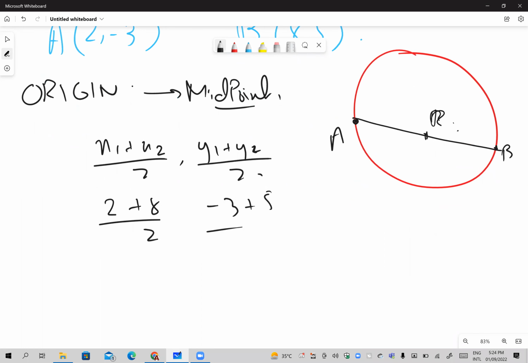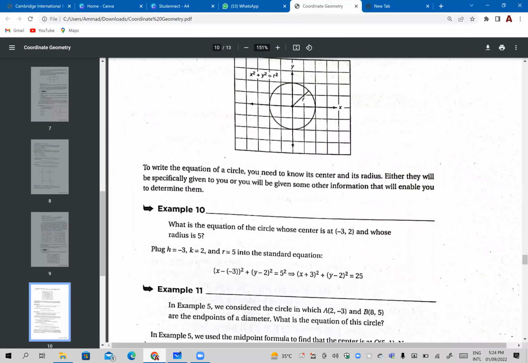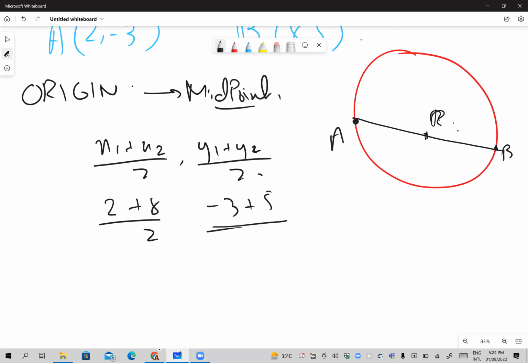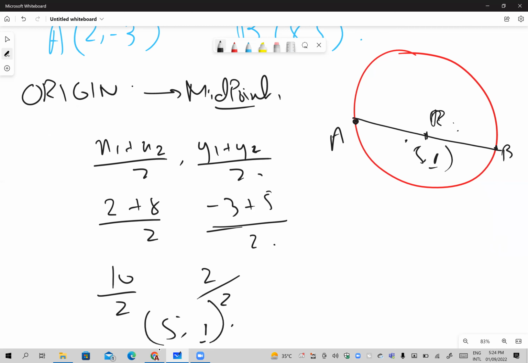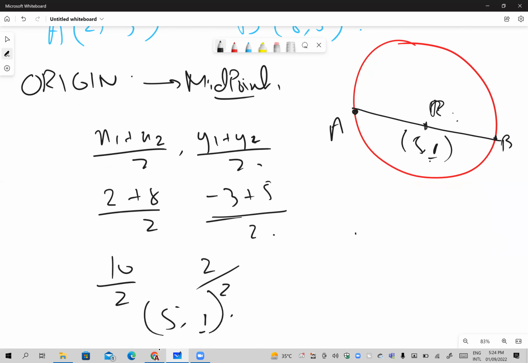I hope that was 8 and 5. Yeah, okay. 10 by 2 and 2 by 2. 5, 1. So guys, 5 and 1 are the midpoint, which is also the origin. So the value of h is 5, the value of k is 1.